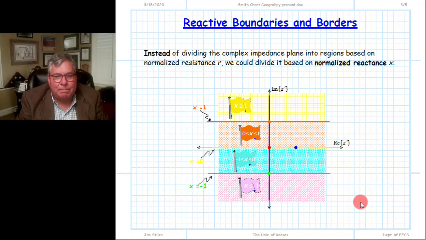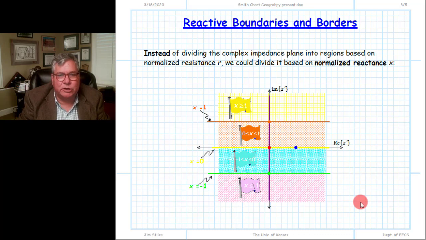Now we're going to divide up the complex impedance plane, the normalized impedance plane, differently than we did before. In this case, we're going to use reactance as the criteria for segregating the region into 4 different regions. We're going to define 3 different boundaries. In this case, the boundary, the contour, which is all normalized impedances whose normalized reactance is equal to 1, a horizontal contour in the normalized impedance plane.